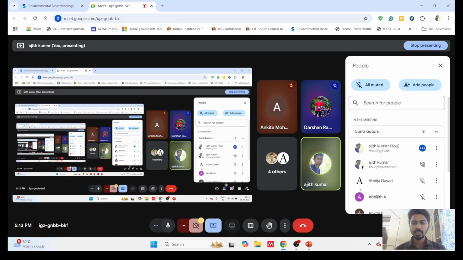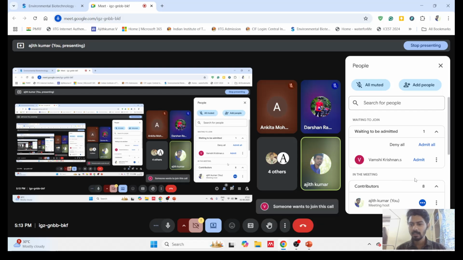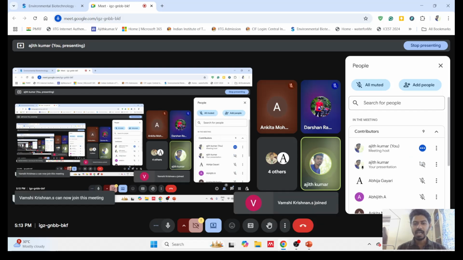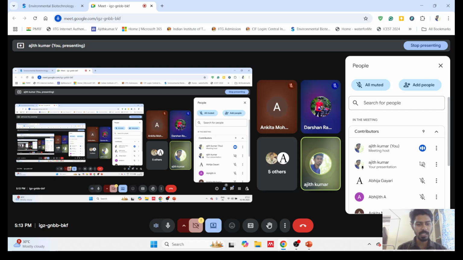Two or three of you can introduce yourselves by unmuting the mic, or if you are not comfortable with that, you can put your message in the chat box so that I can know the audience. You can tell your name, your degree, either BTech, BSc, or MSc, your discipline, whether biotechnology or life science background, and your college.